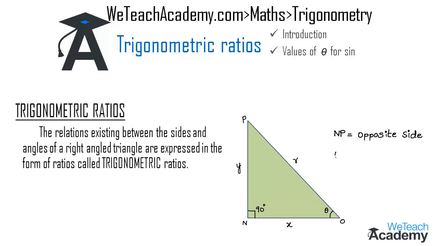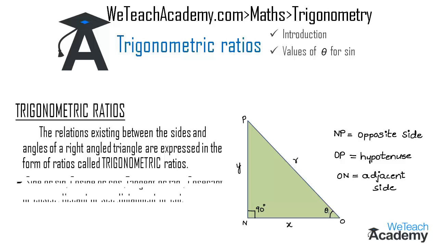Now let us consider OP, which is the hypotenuse of the triangle, and then the side adjacent to the angle theta, which is ON. So ON will be the adjacent side of the triangle. The relations existing between these sides and the angle are expressed in the form of ratios.